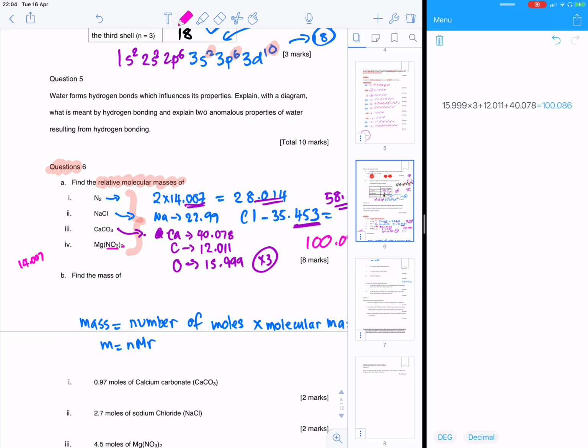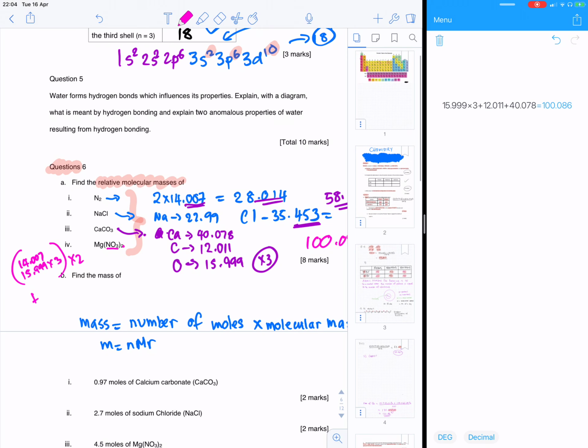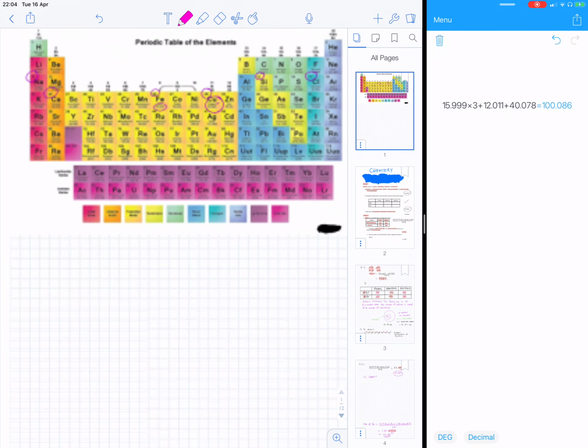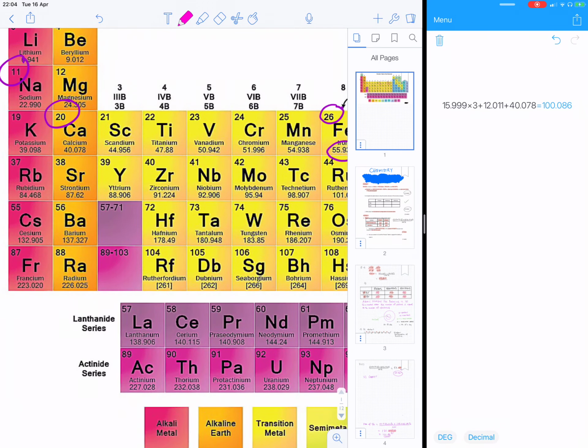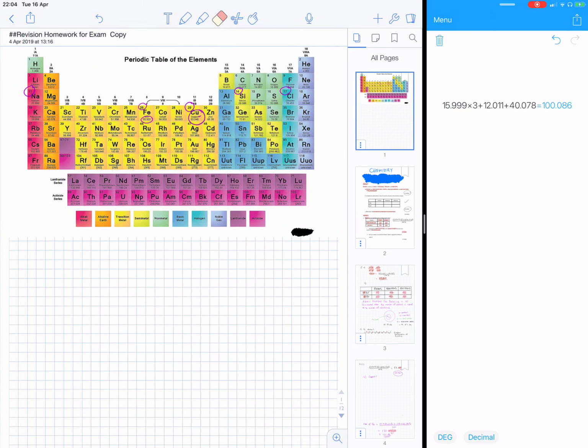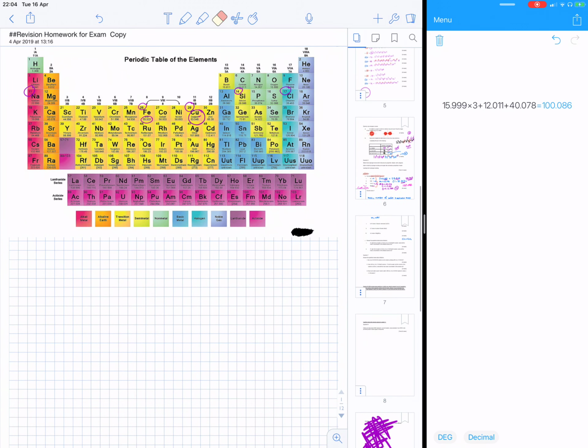And then the 3 oxygens are 15.999 times 3. And then we're going to multiply these by 2. And then we're going to add the magnesium. And the magnesium is 24.305.